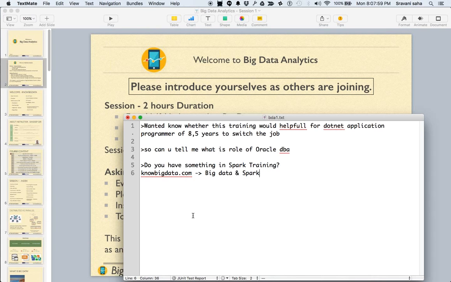There we cover all the things related to Spark. Deepak is saying that he wants to go into the administration part. Right now we do not have an administration course, but definitely there are other places that provide great administration training.